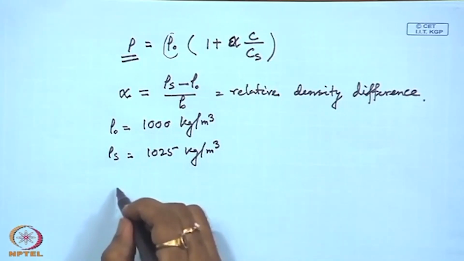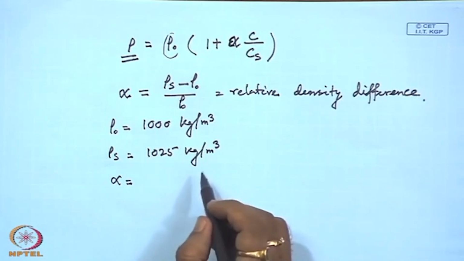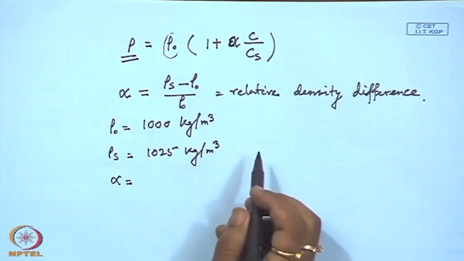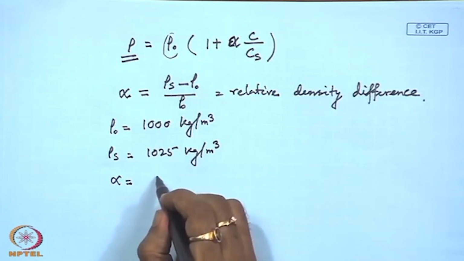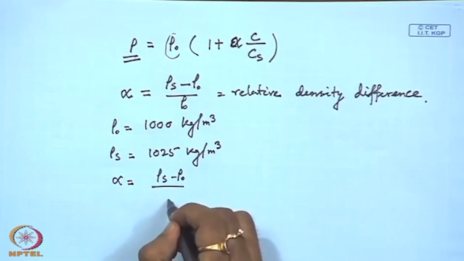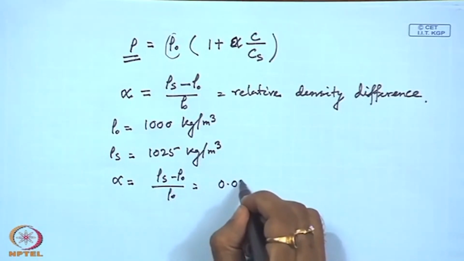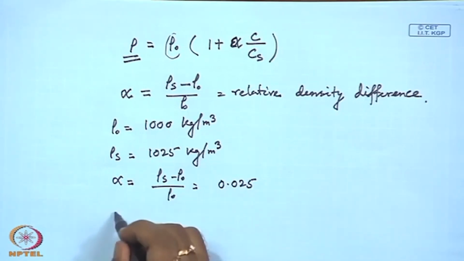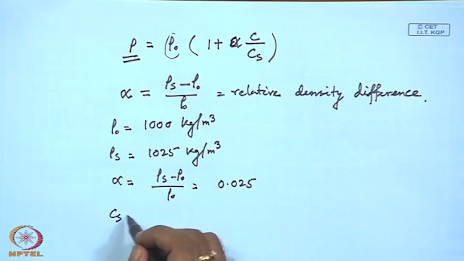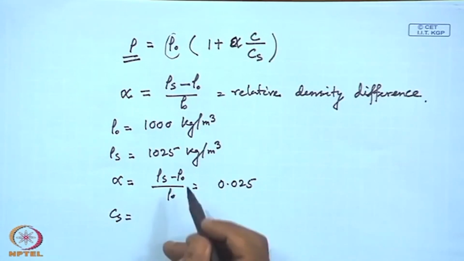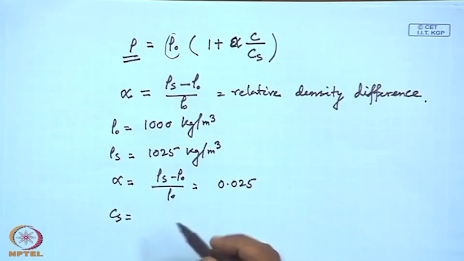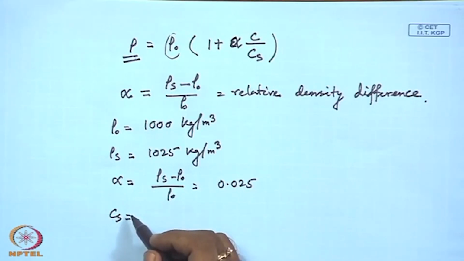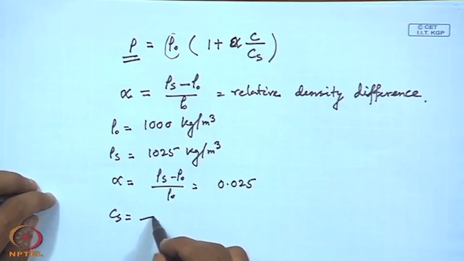Thus, this alpha, or relative density difference ratio, becomes 0.025, and this Cs, which is usually the concentration of seawater, determines the whole thing.